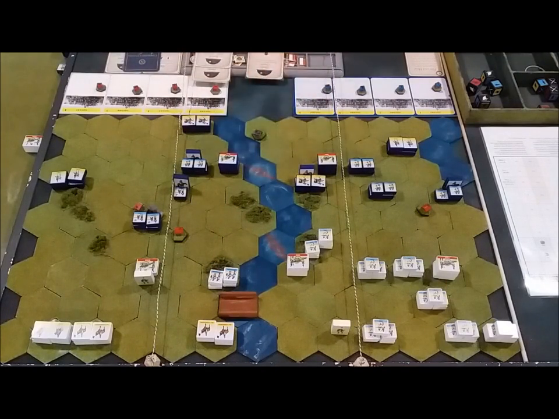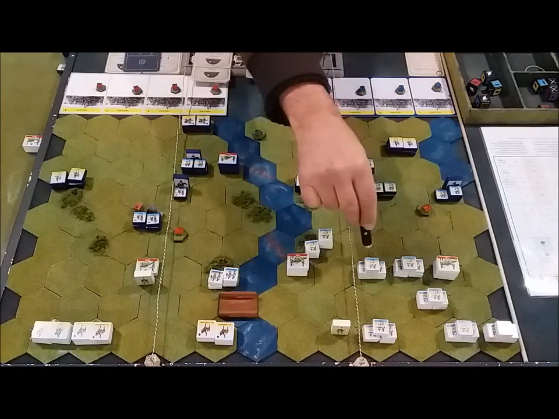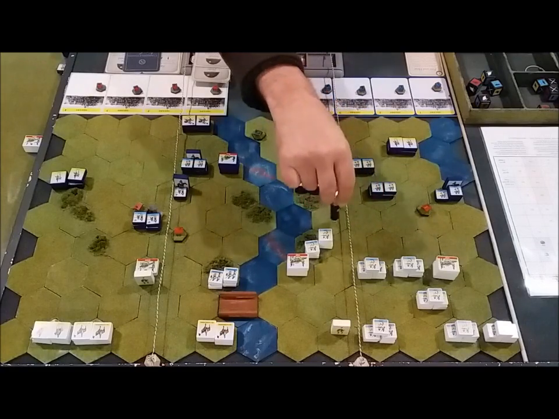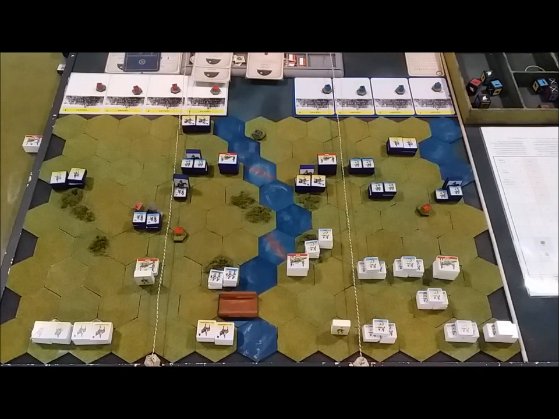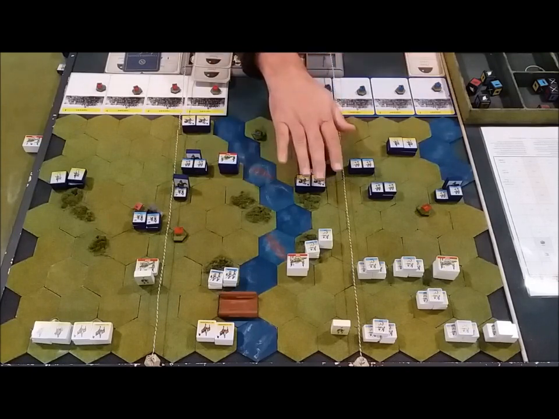Over this side, we could punch out with the heavy cav 1, 2, and try and tie these down, but then they're just going to get shot to the poop. So I don't think there's much that we can do there.